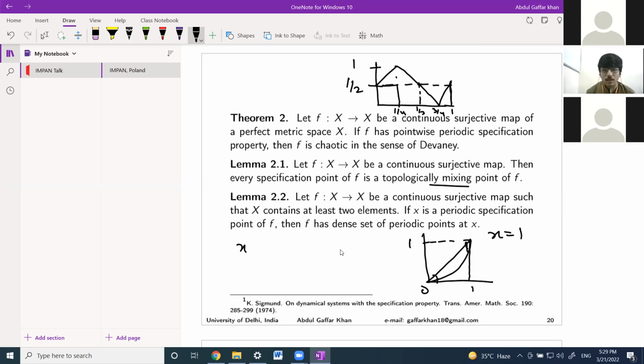But as we have defined, this must be true for every finite sequence, the finite pieces of traces can be possible, and so there must exist at least one point which always comes back to its epsilon neighborhood after leaving it. So this is not possible. This is a mixing point, but it's not a specification point.